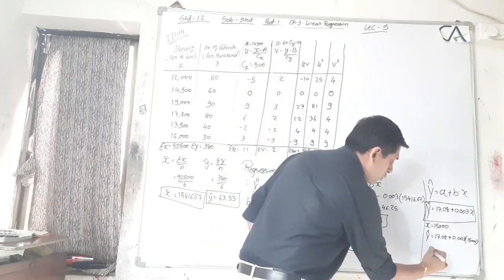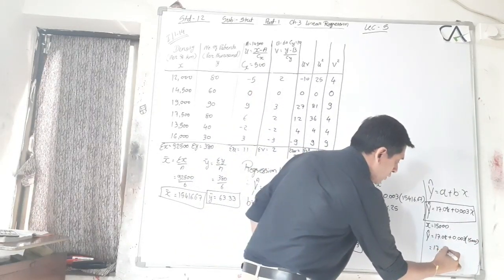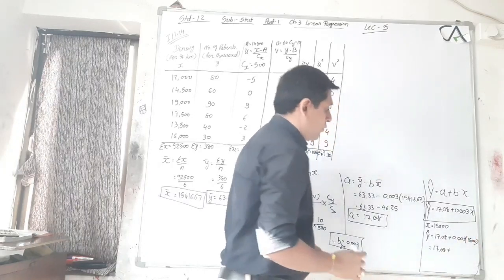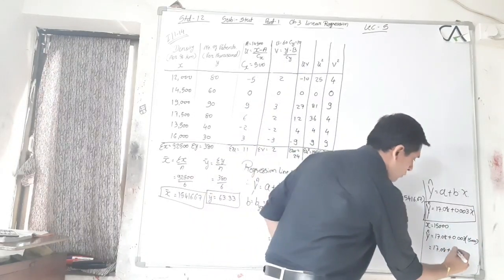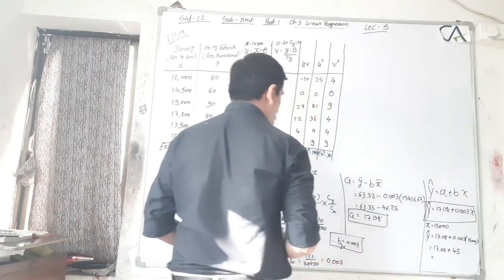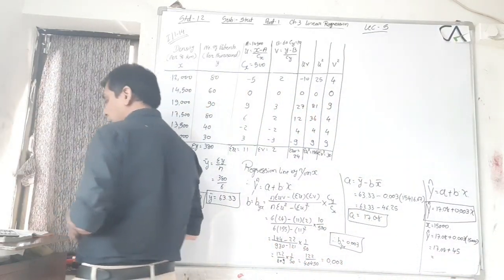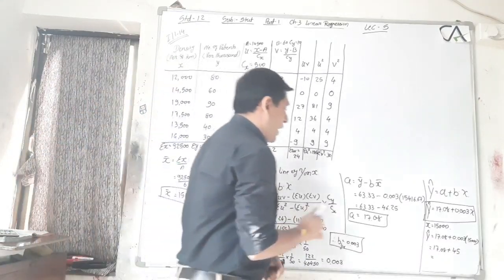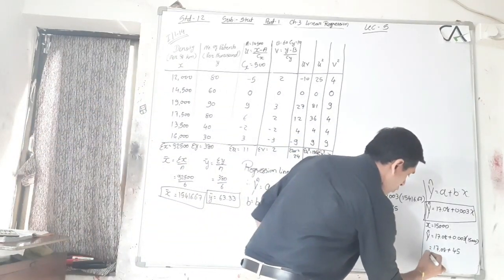So what is the value? 17.08 plus 45, the multiplication is 45. So your main answer is 62.08.